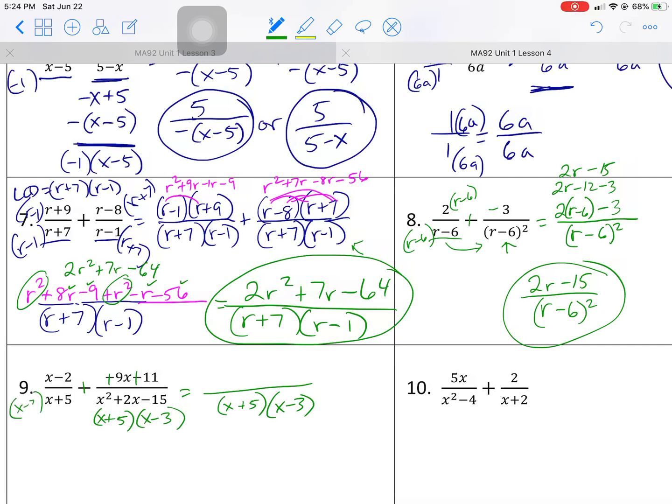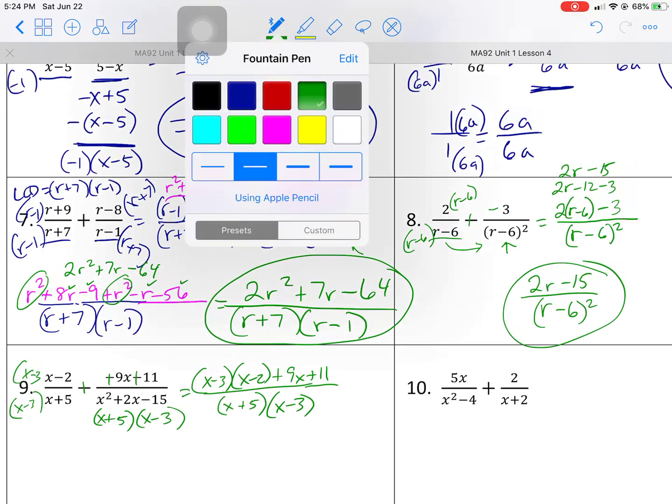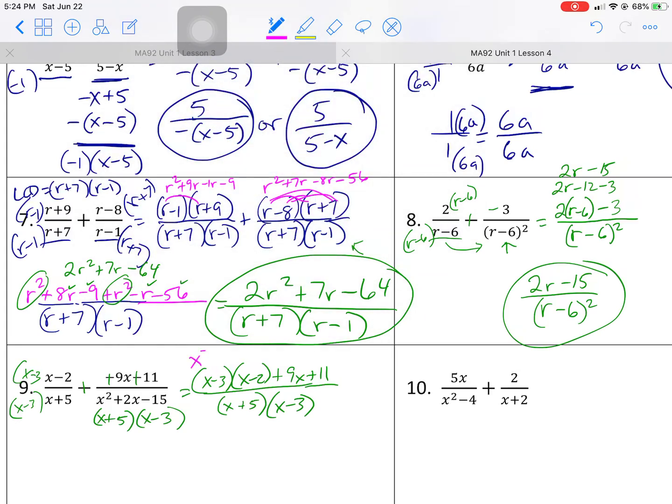This got multiplied by x minus 3. So x minus 3 times x minus 2 plus 9x plus 11. So this needs to be FOILed. So this is going to be x squared minus 3x minus 2x plus 6.